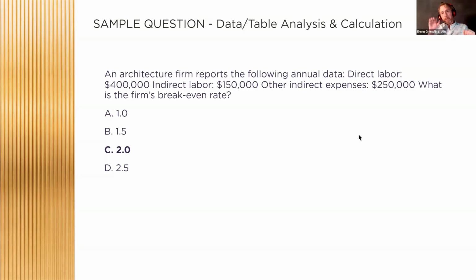So that's 400,000 divided by 400,000, which gives you a one, plus your one for the value there. But anyway, the calculation is not the important piece of this.